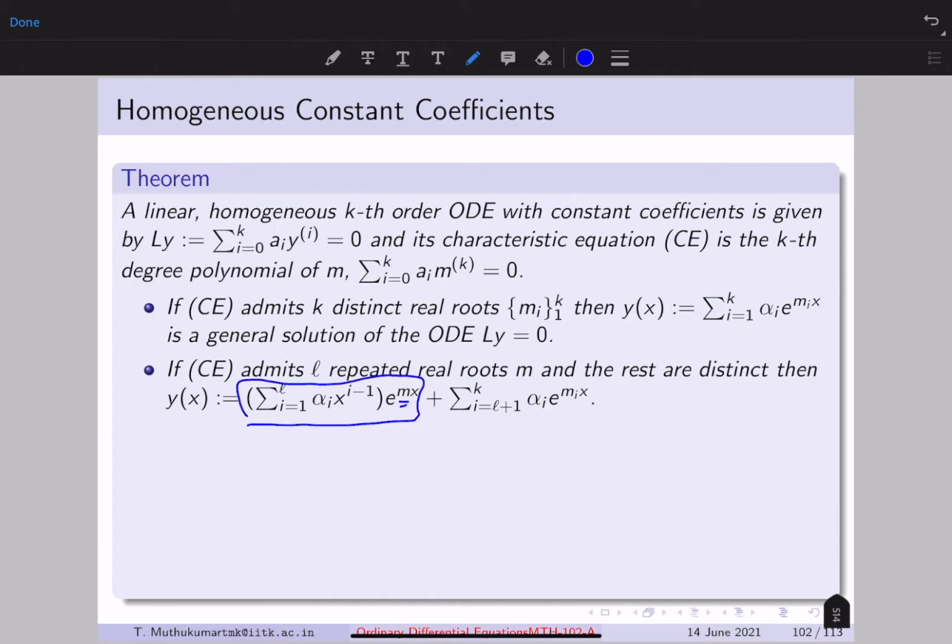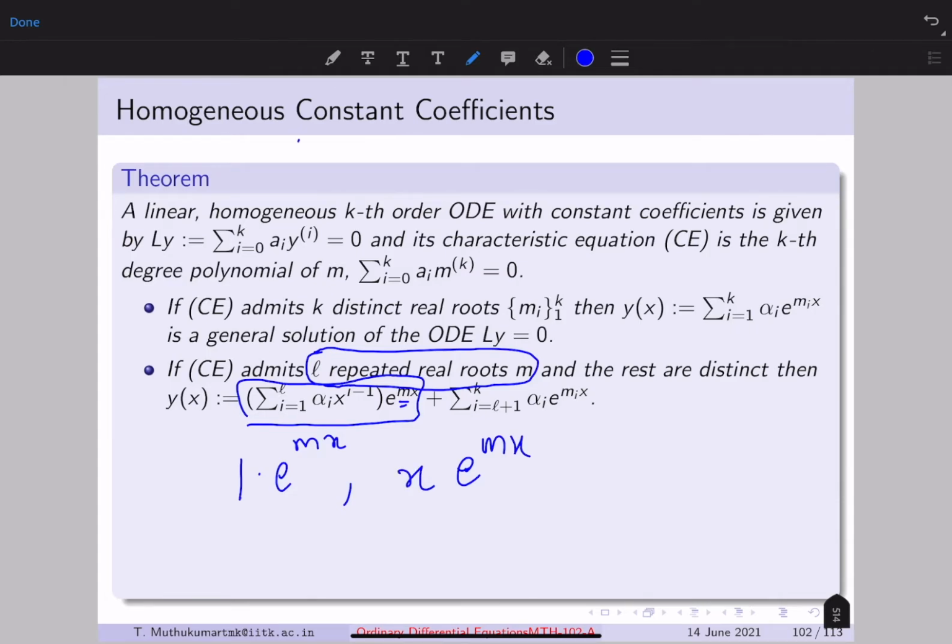Okay, so m is a repeated root which is repeating L times, and if that is the case, then you have m, so this you can think of as 1 dot m, right, 1 multiplied by m, then you take e power mx, you take x.